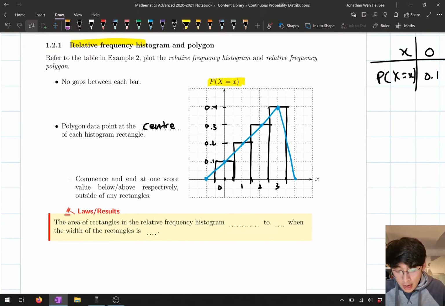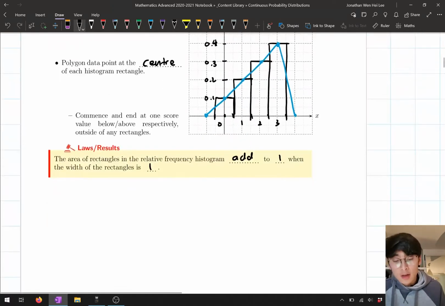Now, the areas of the rectangles in a relative frequency histogram add to 1 when the width of the rectangles is 1. The reason is that when we add all probabilities together, it will always give 1, because all probabilities make up the total sample space.